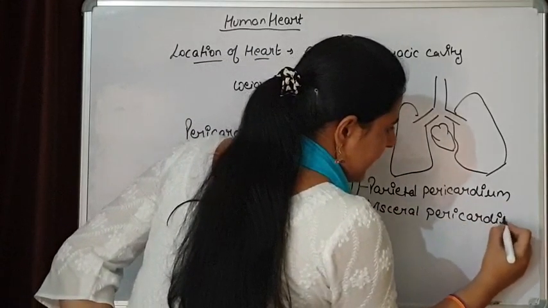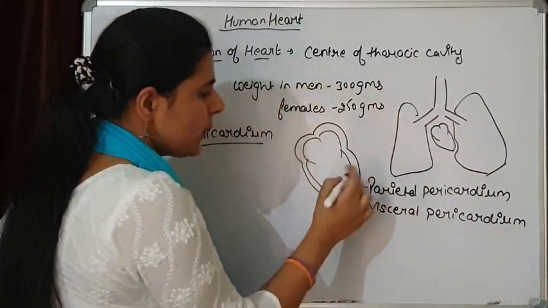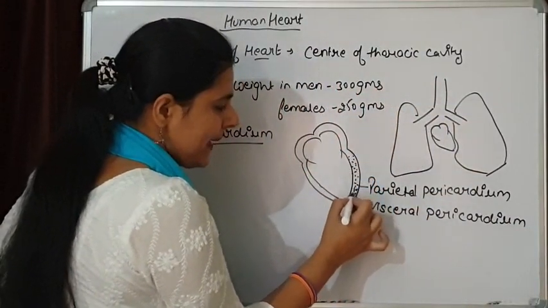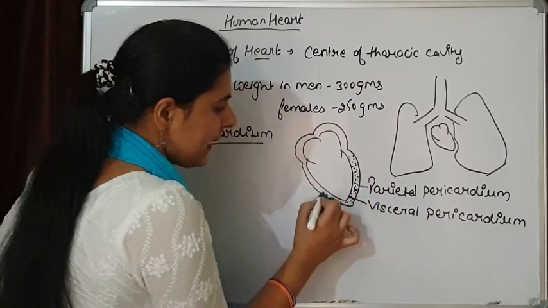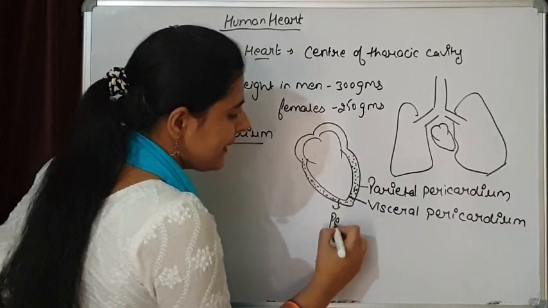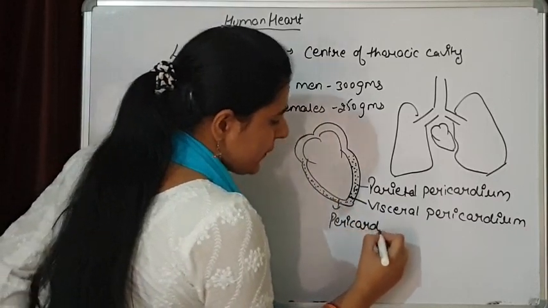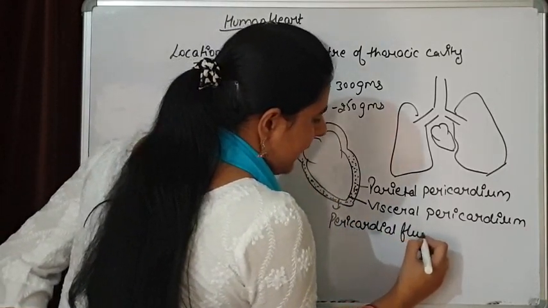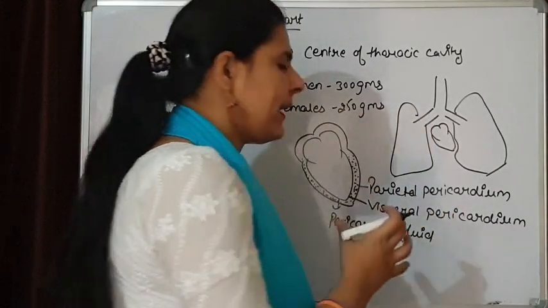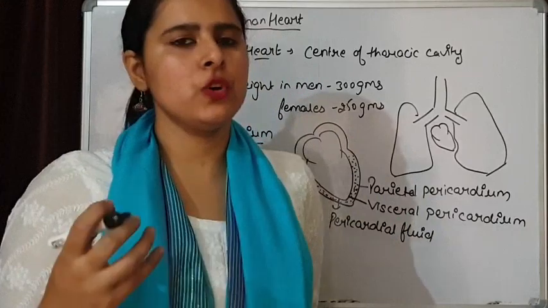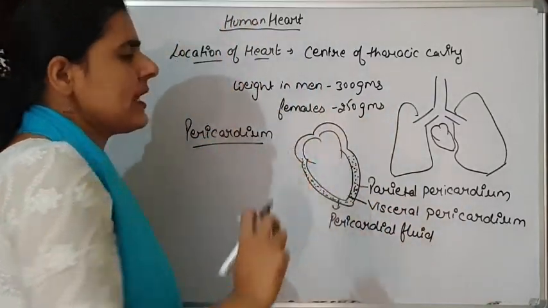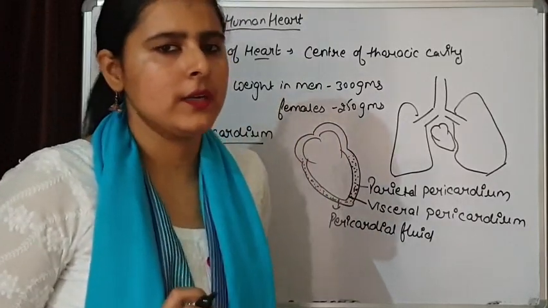And in between, a cavity is formed, the pericardial cavity, and this pericardial cavity is filled with a fluid called pericardial fluid. All these structures are preventing any type of mechanical injury or pressure on the heart. These are the protective structures that are present in the heart.